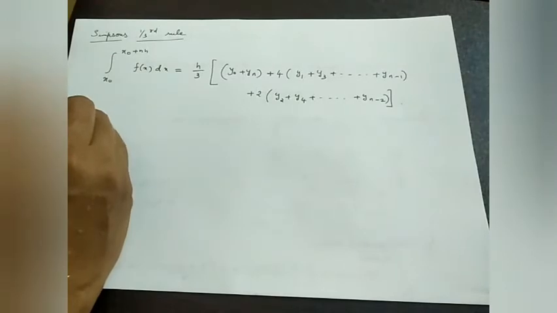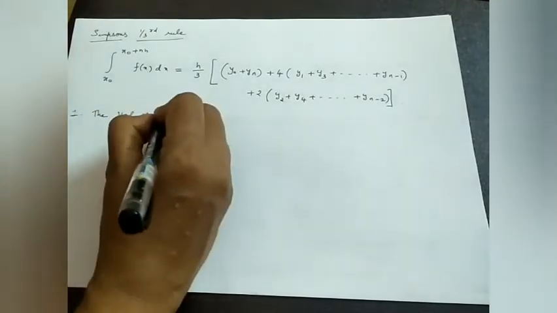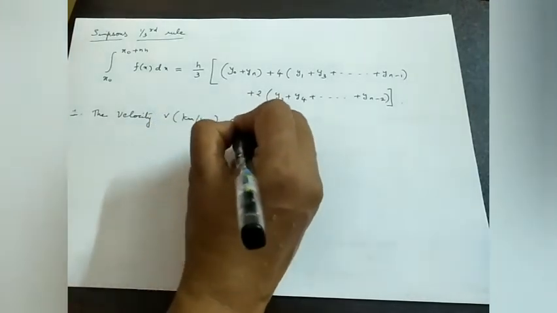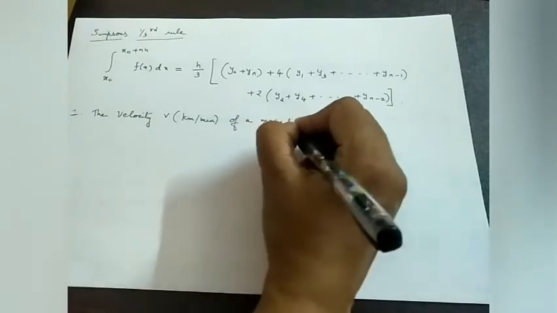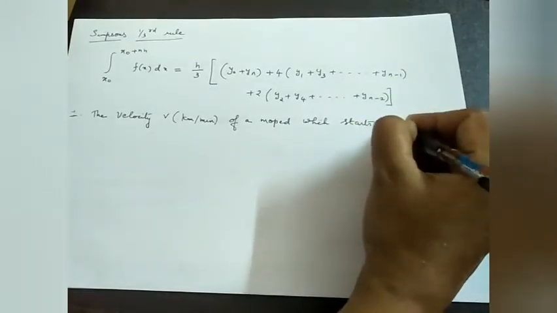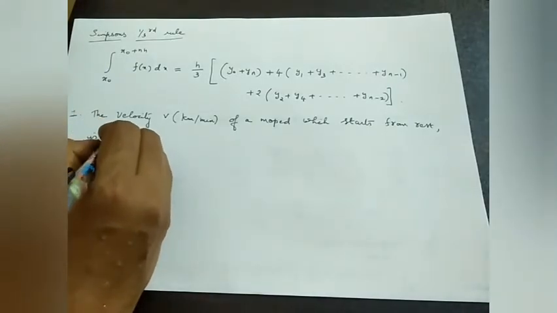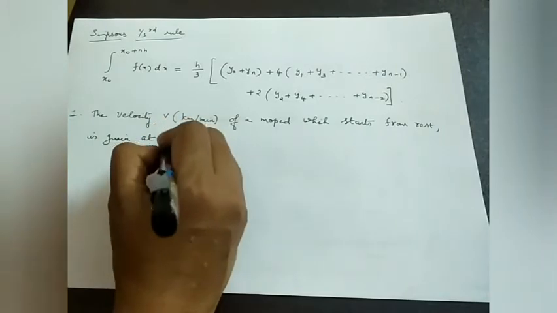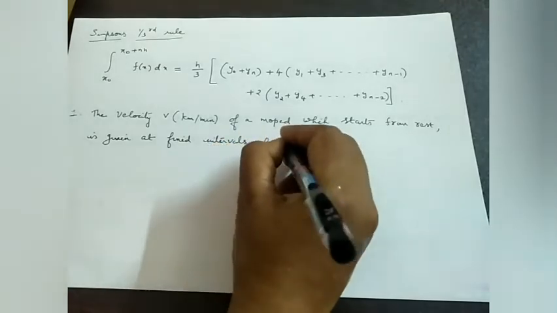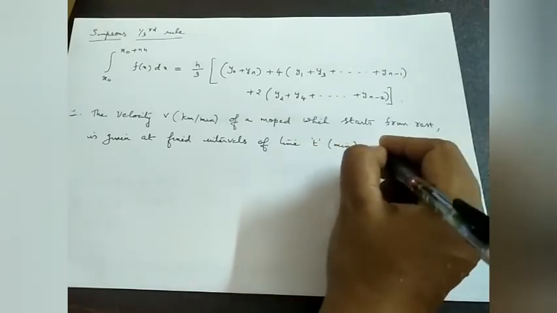Now one problem. The question is: the velocity, denoted by v in kilometer per minute, of a moped which starts from rest is given at fixed intervals of time, small letter t in minutes, as follows.